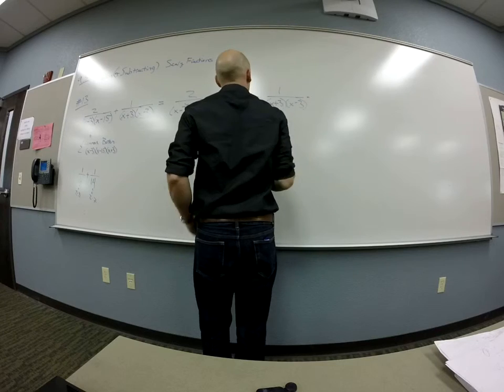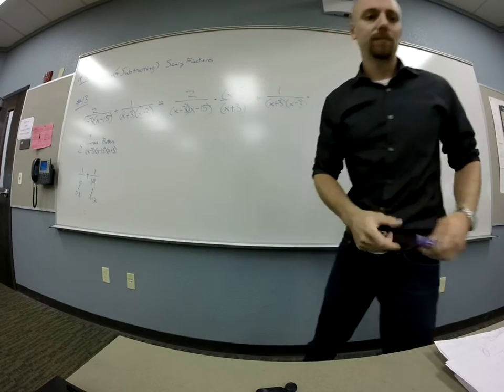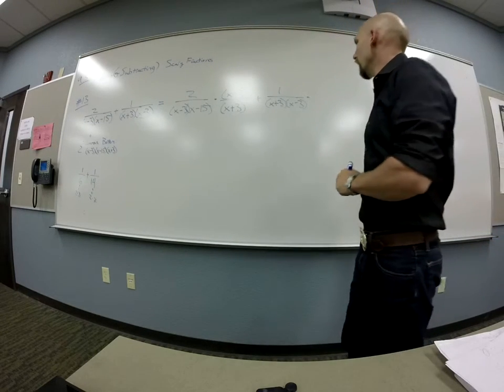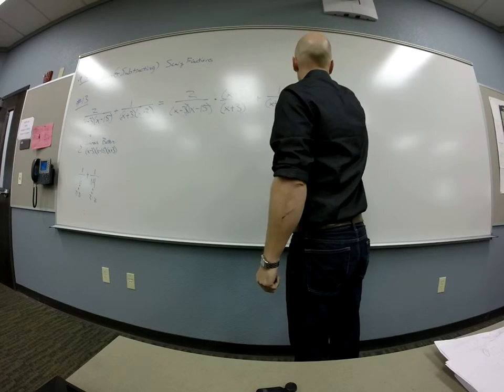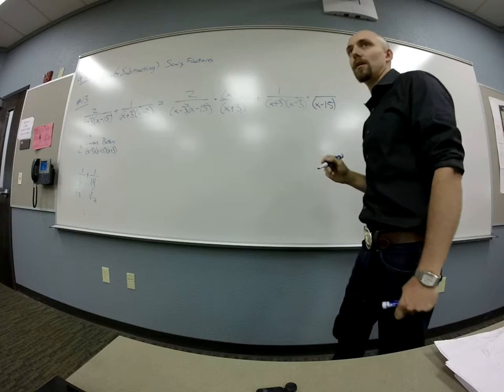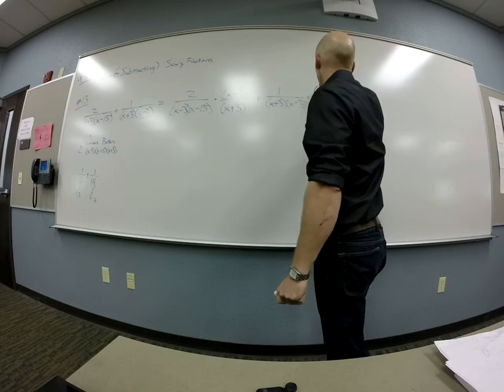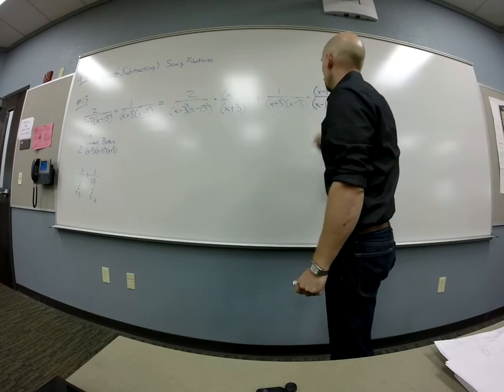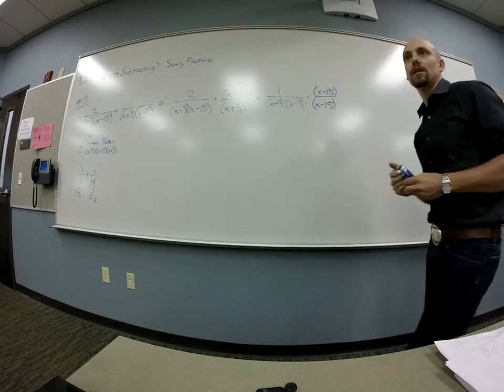And then what do I need on this one? Yeah, this one needs an x minus 15 on the bottom. So what does it need on the top? It better get the same thing, otherwise I changed stuff. You guys see that?